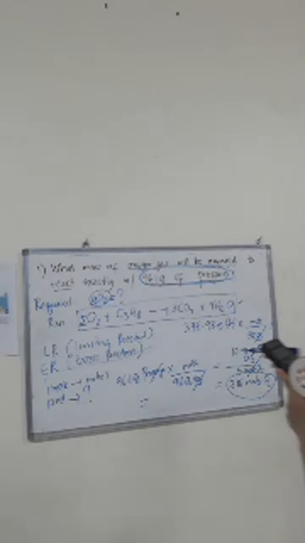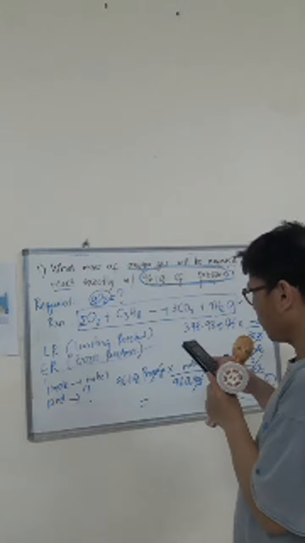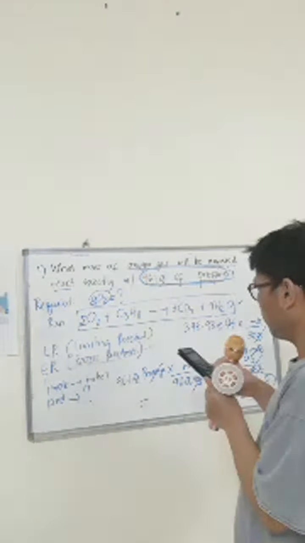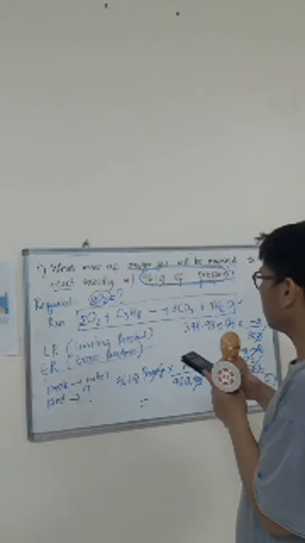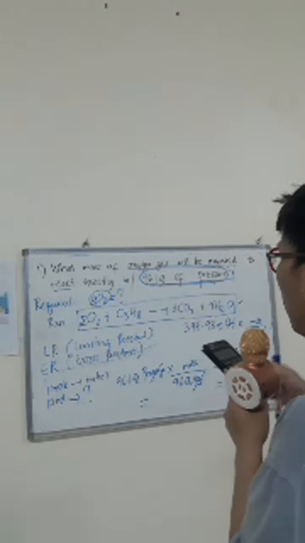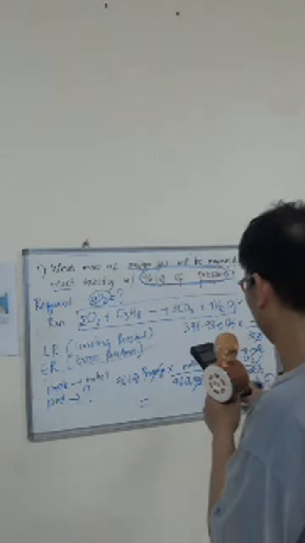You can do this, guys. Let's check: 96.1 divided by 44.06 gives 2.18. The same also, 2.18.